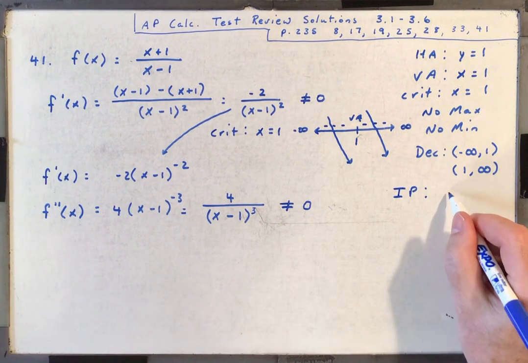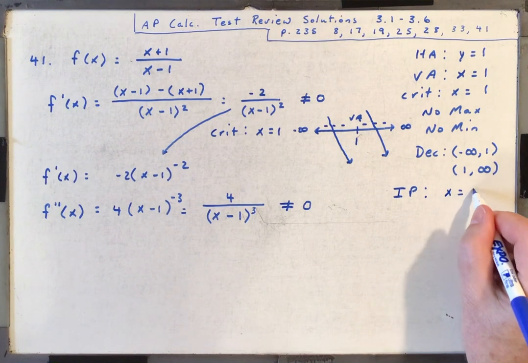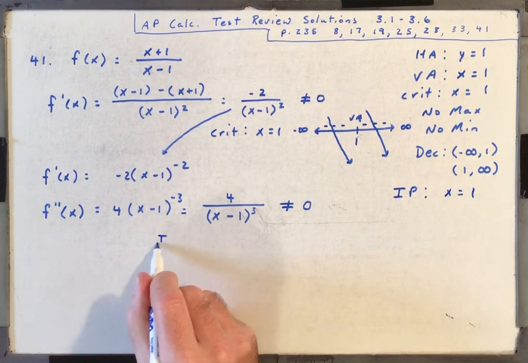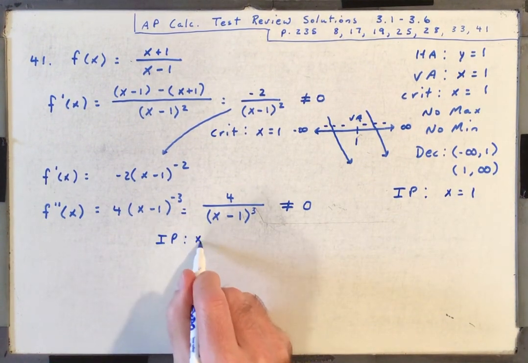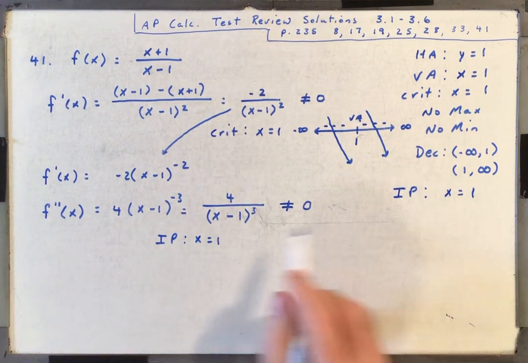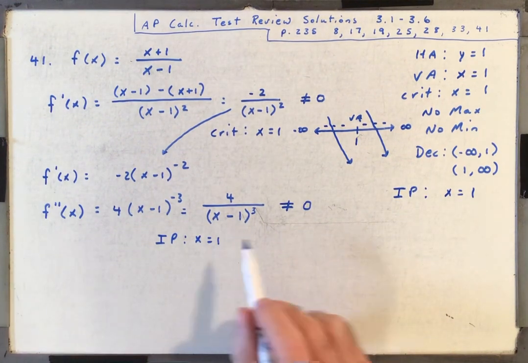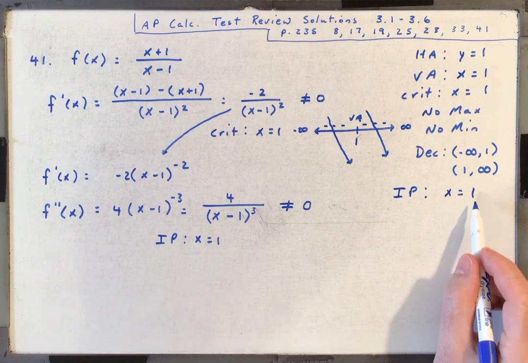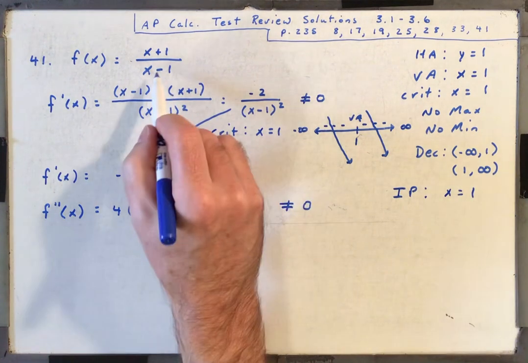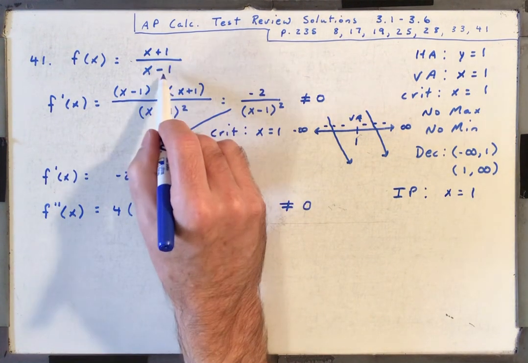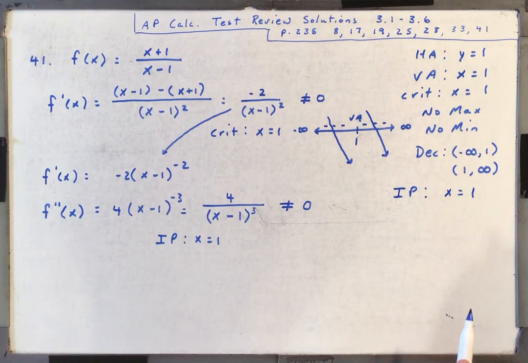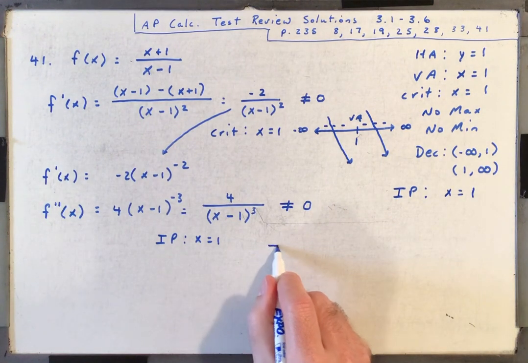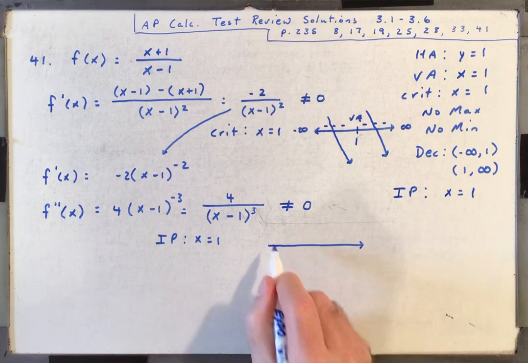So we have an inflection point at x equals 1. So at the asymptote, we have an inflection point. But there's no y value. If you plug 1 back into the original equation, you'd have 2 over 0, right? Which is undefined. So let's do our test for concavity.